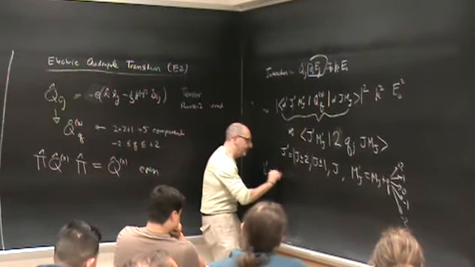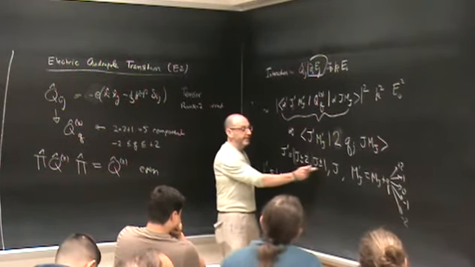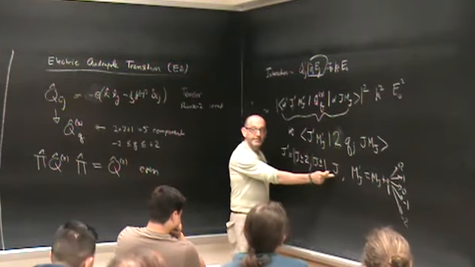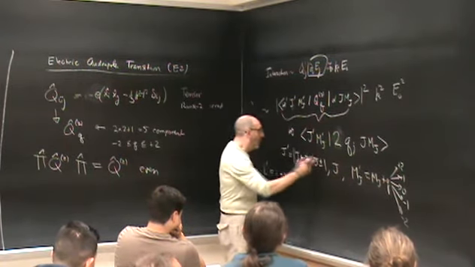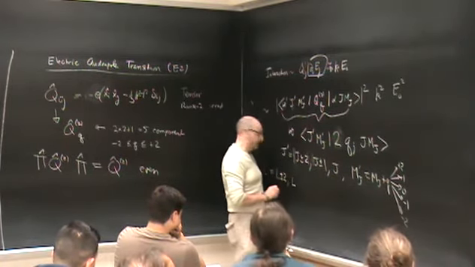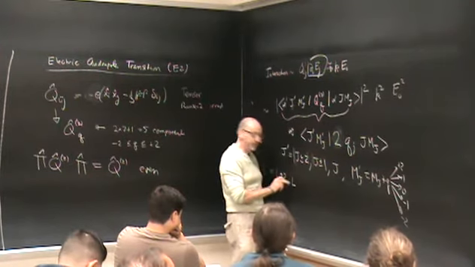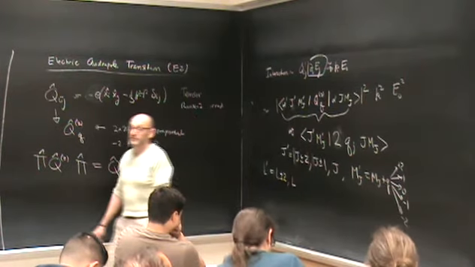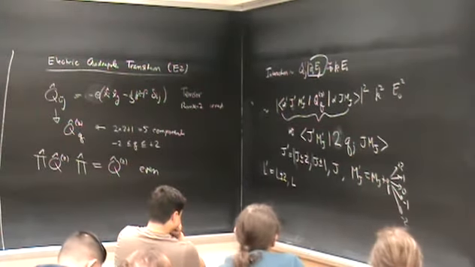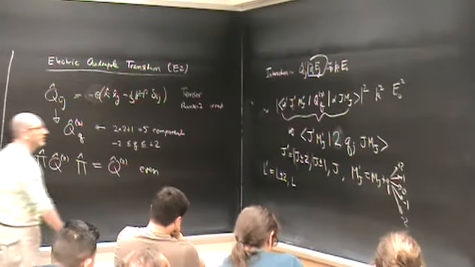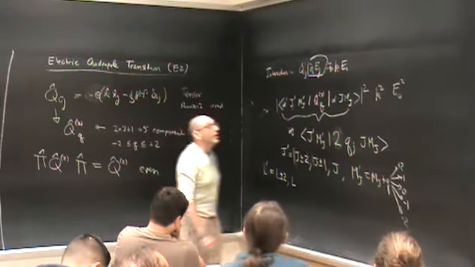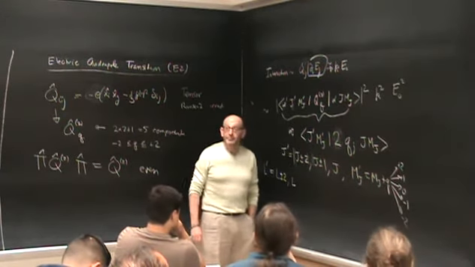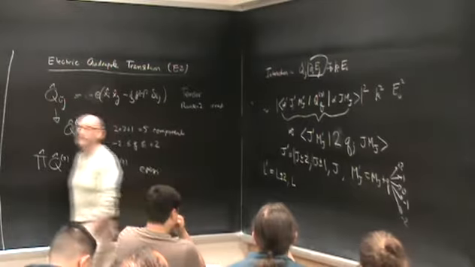L can be plus or minus 2. That's okay. And what about this? Well, L can be the same L, but no, L to L prime equals 0. So this is fine. That's perfectly fine. So, let's go back over here.